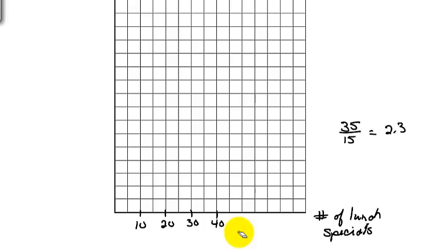And we kind of want to have the data spread out, so I have 15 tick marks. So yeah, why don't we do the 2.5? That'll spread it out nicer. So it'd be 5, 10, 15, 20, 25, 30, and 35.